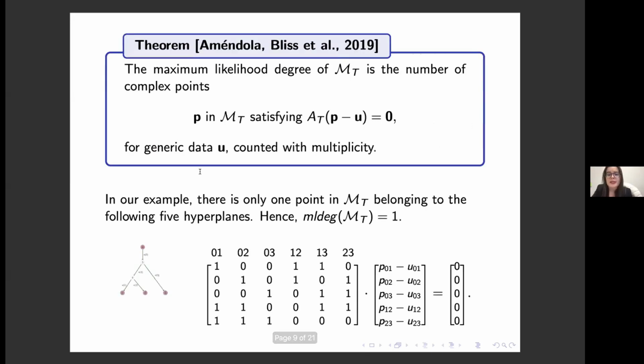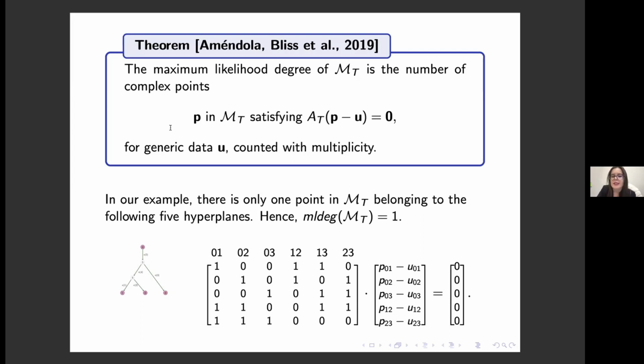Okay, so in this situation, we can use another alternative of this definition introduced by Améndola and co-authors in 2019: the maximum likelihood degree of a toric model is the number of complex points in the model that satisfy these linear constraints, where A^T is the matrix that we just mentioned, for generic data U counted with multiplicity.